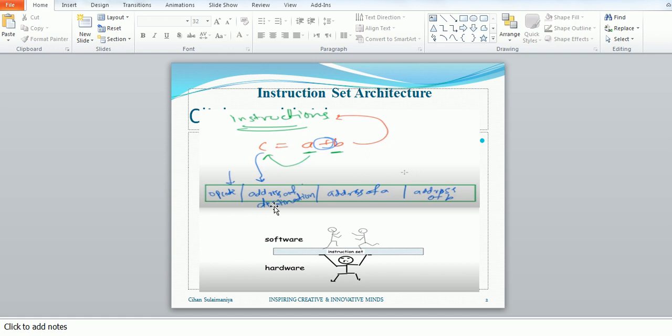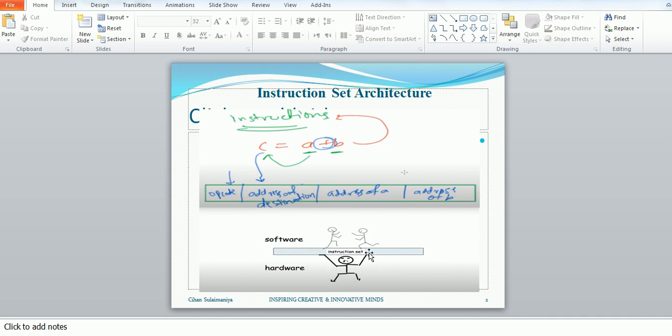Another way, I could simplify it like this picture. See here, there are two people dancing with each other. So this is like the software. And there is someone or something supporting, holding all the operations. So this is the hardware and the execution program, which by the way is the central processing unit.